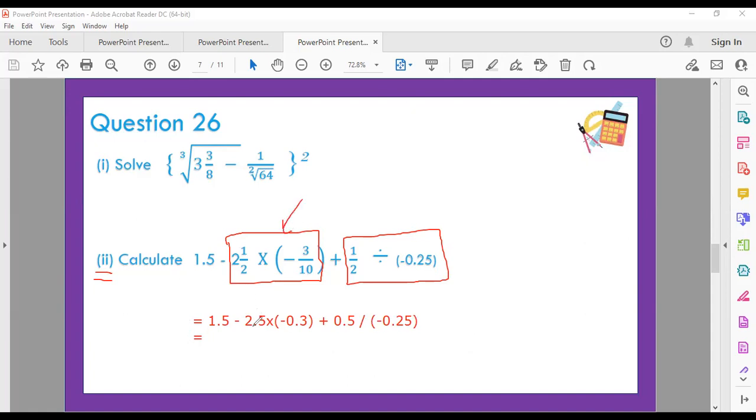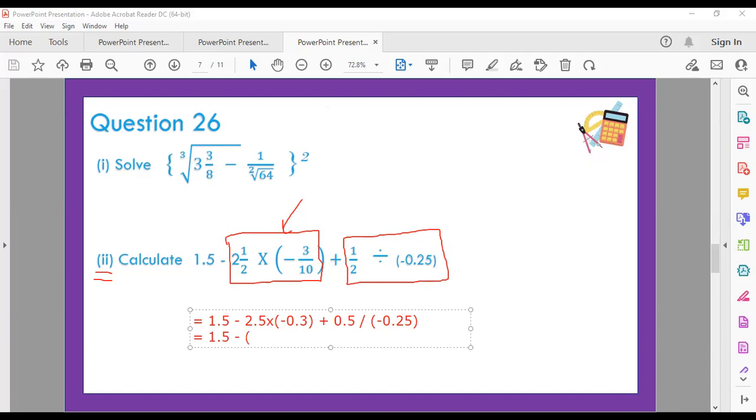So put on your calculator 2.5 times 0.3. What do you get? You'll get 0.75. Right? So you will have to continue 1.5 minus, pay attention, minus. The minus is here, but the answer for this, the 0.75, is a negative number. Remember that.